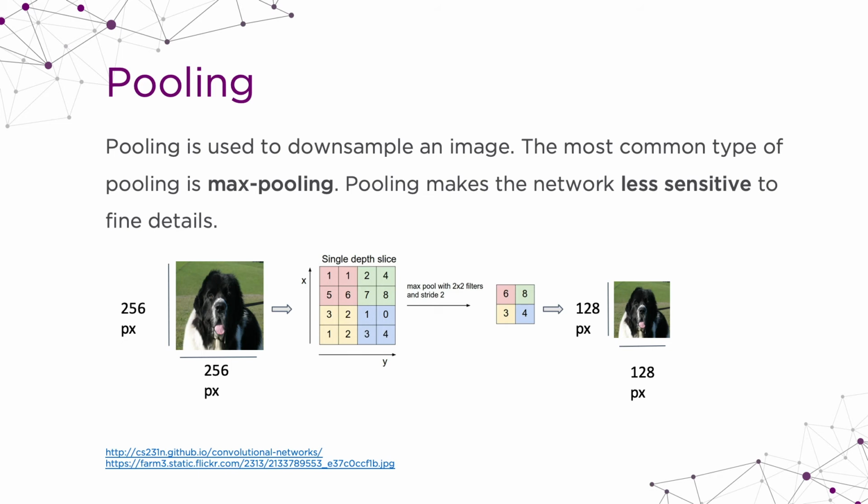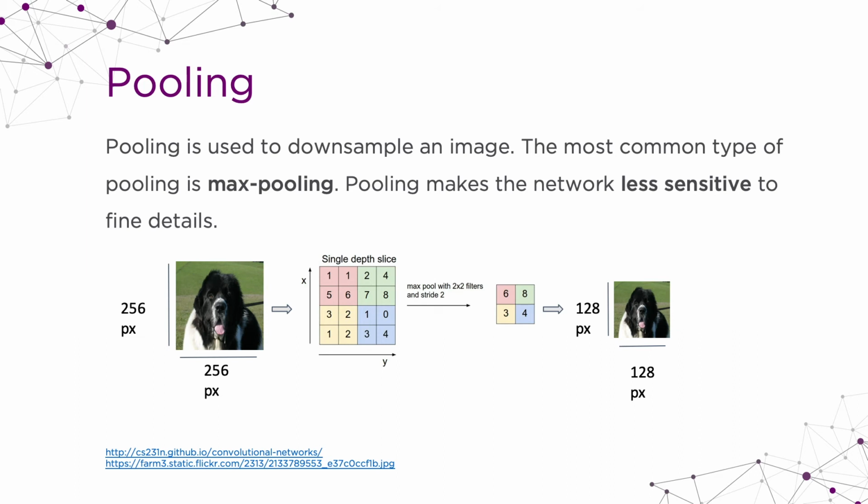A very popular kind of pooling is called max pooling. In the case of max pooling, we have our input, for example some image, and we take the equivalent of a kernel, let's say a 2x2 kernel. We place this 2x2 kernel over 4 pixels of our image, and we select the maximum value.